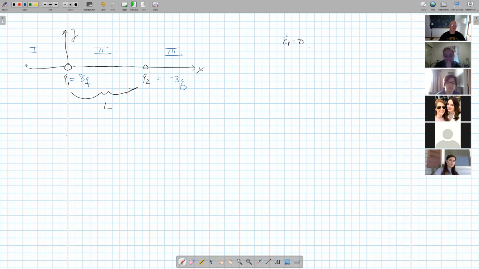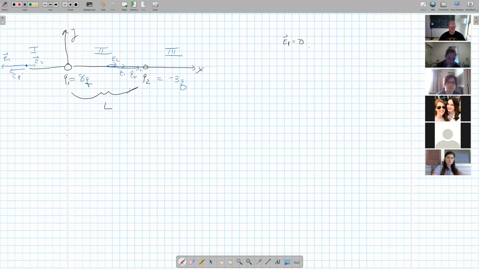So if I was thinking about this point here, let's call that E1, it would point in this direction. E2 is going to point in this direction, but it's much smaller, so the total field is going to point in this direction. So EP would point this way. Same thing here. If I was looking at this point, I know the electric field E1 points this way. E2 points radially into Q2, so it points in this direction, which means the total field would point towards Q2.